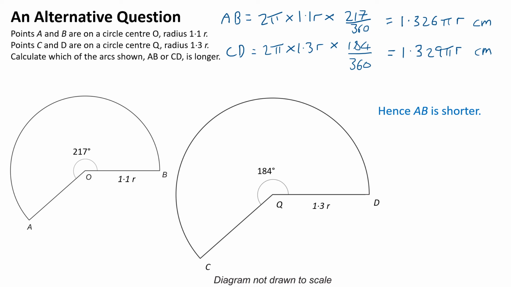Final question, good in all maths: is this reasonable? As we move from the left diagram to the right diagram, we've increased the radius by a little less than 20%, and that has a tendency to push the arc length bigger.